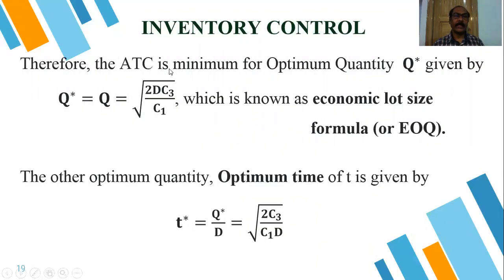So therefore the ATC is minimum for the optimum quantity. You can write Q star. Whatever value we got for Q, that we denote as Q star, that is the optimum or optimal value. That is given by Q star equal to square root of twice DC3 by C1, which is known as the economic lot size formula or EOQ formula.